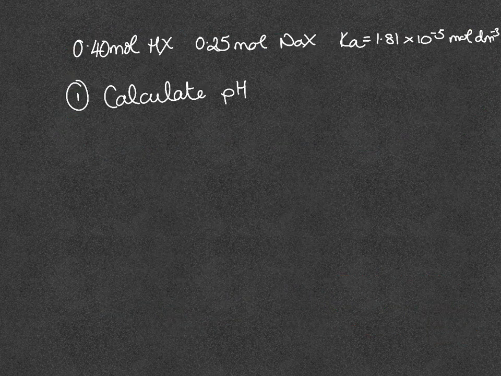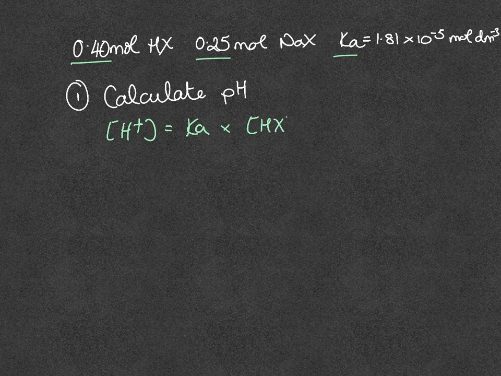So the first calculation, I've put at the top the bits of information that we needed, which is the moles of HX and the moles of X minus and the Ka. And I'll just remind you of the rearranged formula that we're using. Okay, so we just need to plug the numbers in here.